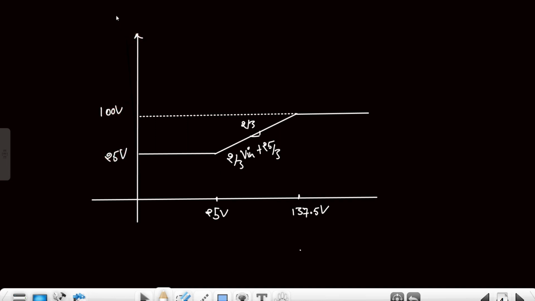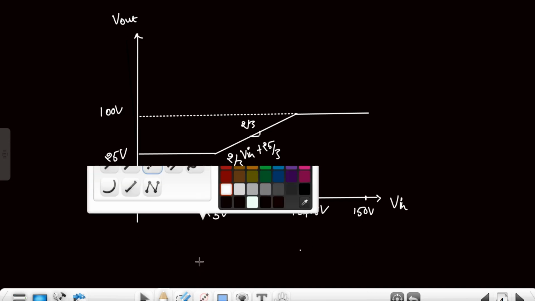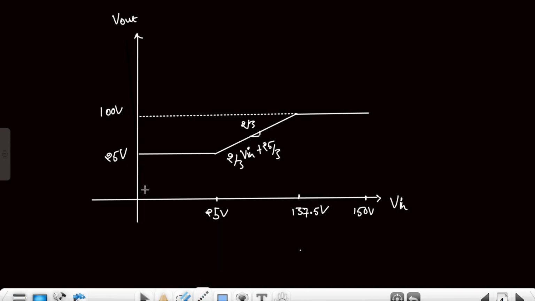So this is the transfer characteristic between V out and input, and input is up to 150 volts only. At 150 volts also we will get the 100 volts. Here we can also see the intercept, which is 25/3, so it will be 8.33. This is the 8.33 intercept. So this is the transfer characteristic.